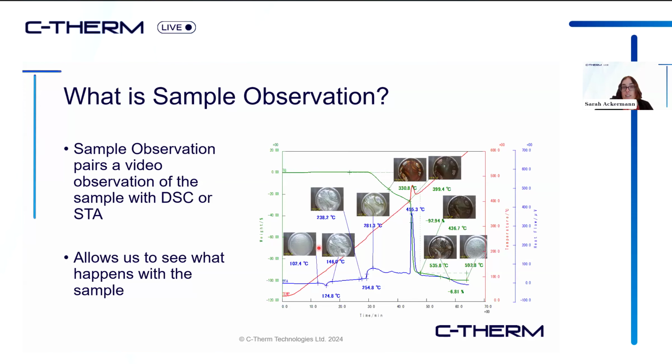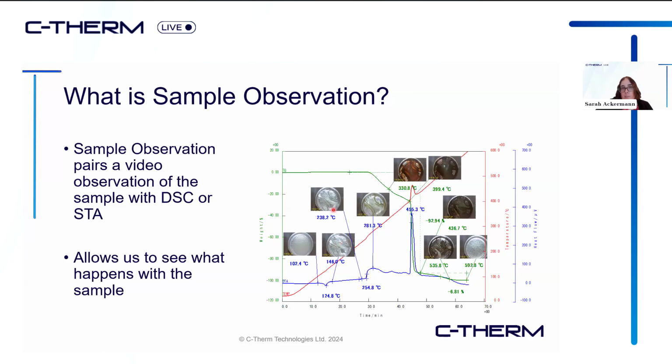the experiment is it will actually give us visual information about what is occurring with the sample. So we can see on this example plot with the STA, we have a phase change here, shape changes in this straight region.